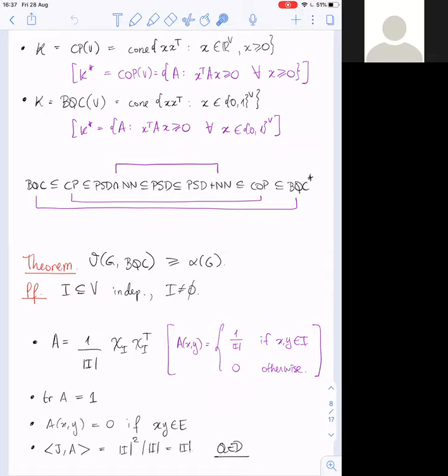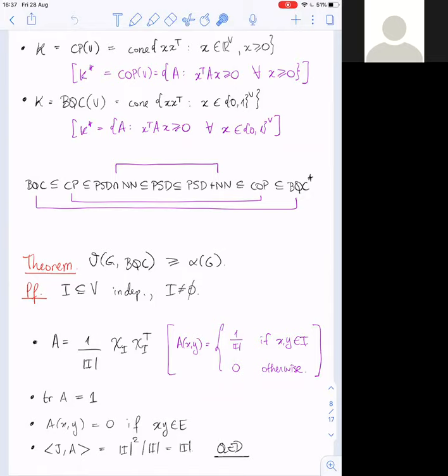For instance, the first theorem you can prove is that when you consider the parameter theta of G with the Boolean quadratic cone, which is the most restricted cone in this chain, you get an upper bound for the independence number.